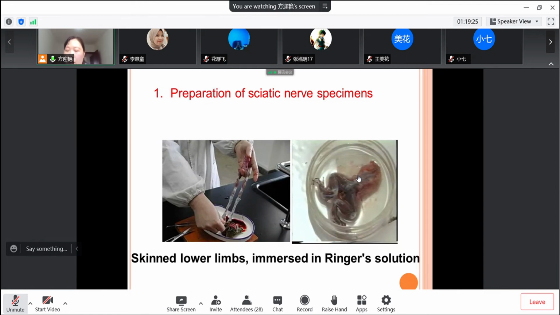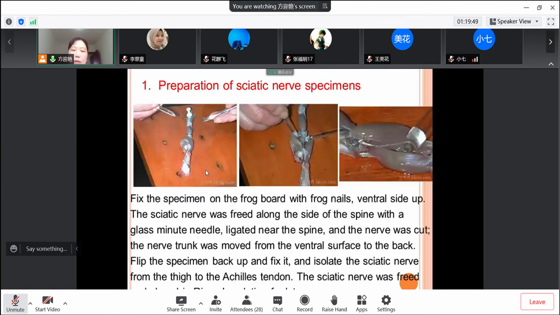Extracellular fluid, according to the body's internal environment. We immerse it in the Ringer's solution for about 2 minutes, and then we fix it on the board.